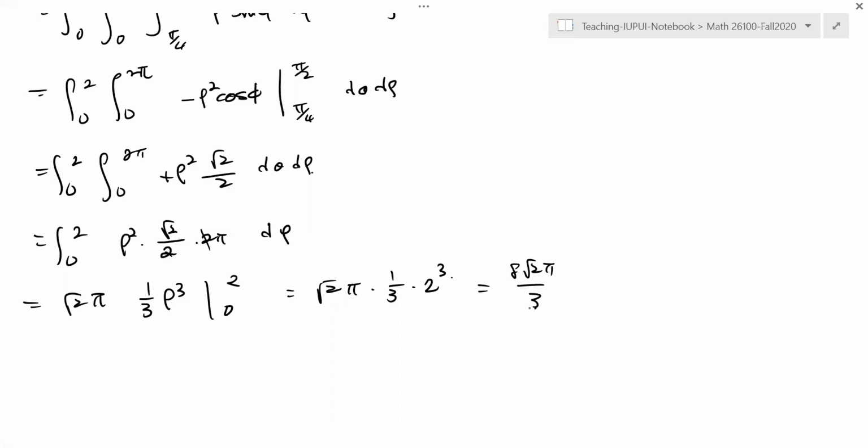So those two regions are still pretty nice. Now, if you don't want to use the polar coordinates, you probably end up with very complicated iterated integrals.